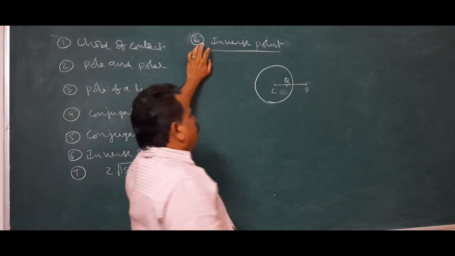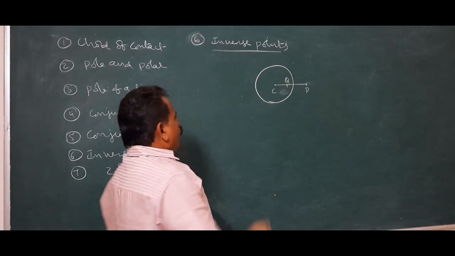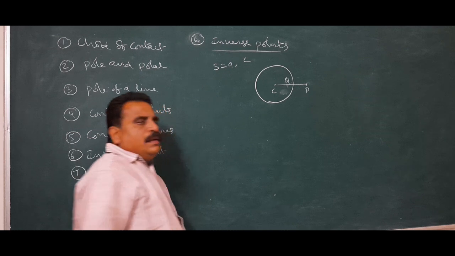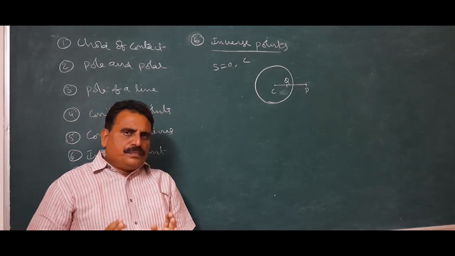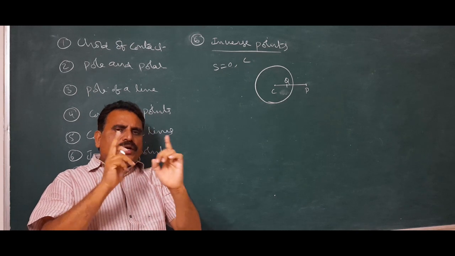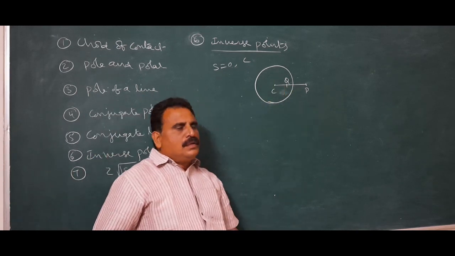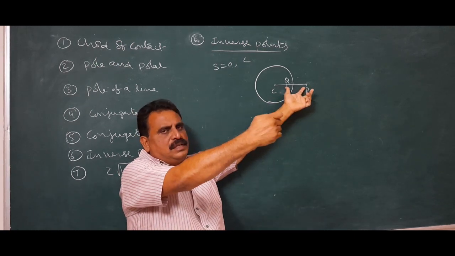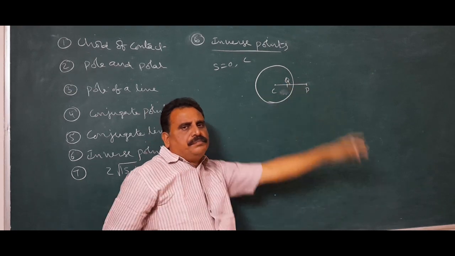Inverse points. Let S equal to 0 be a circle and C be the center of the circle. P and Q are said to be inverse points if P, Q and C are collinear, and P and Q are on the same side of C, either right or left, whatever it may be.